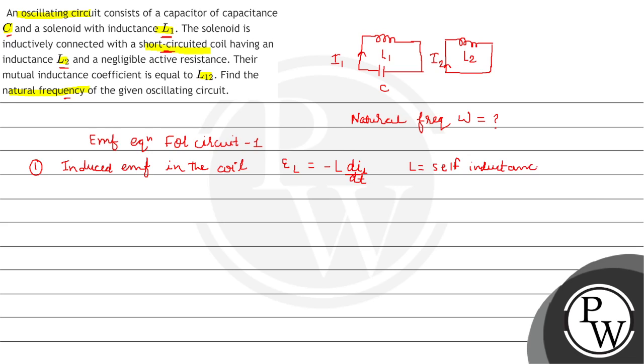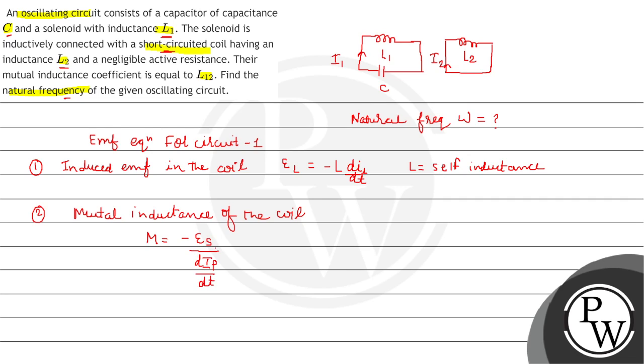Now the second thing we must know, the mutual inductance of the coil, is given by the following relationship: M is equal to minus E_S by dI_P by dt.